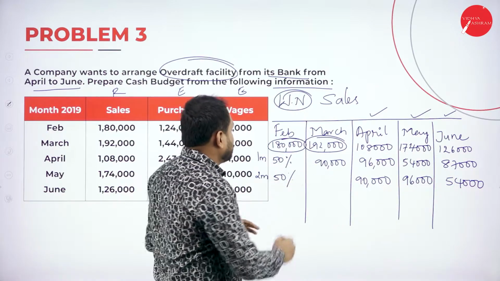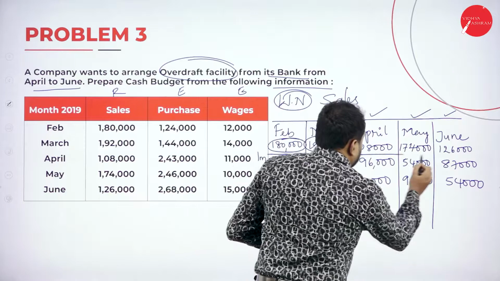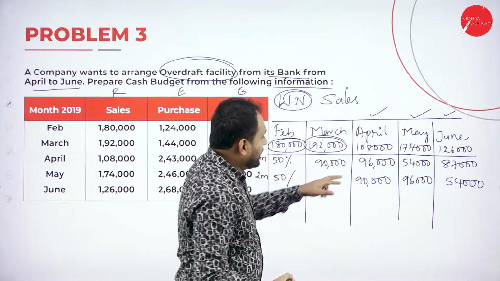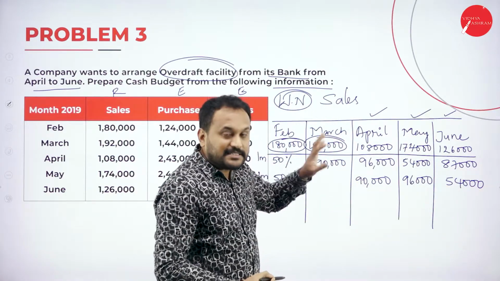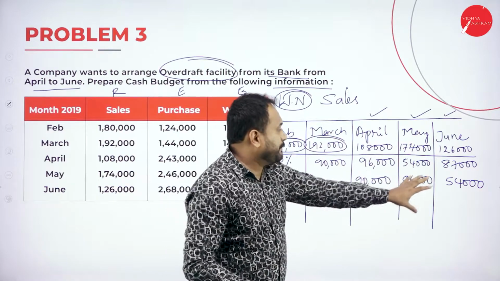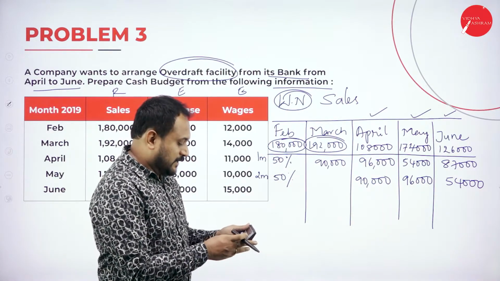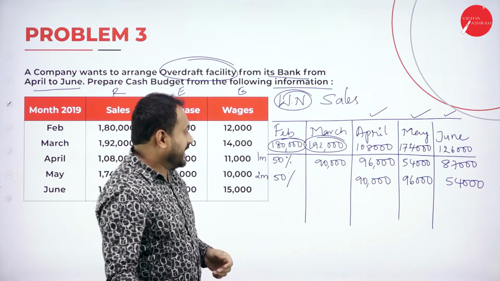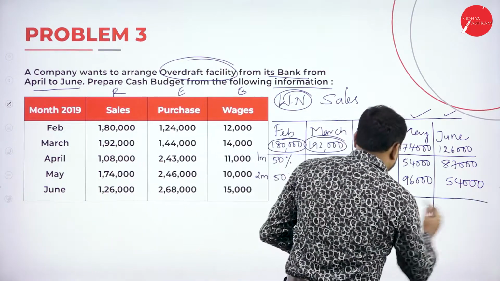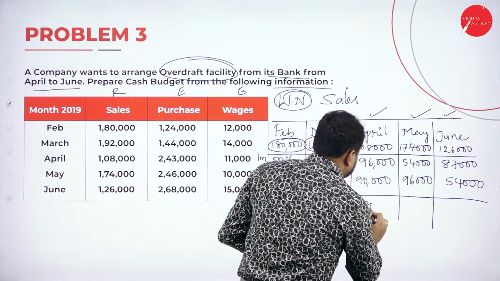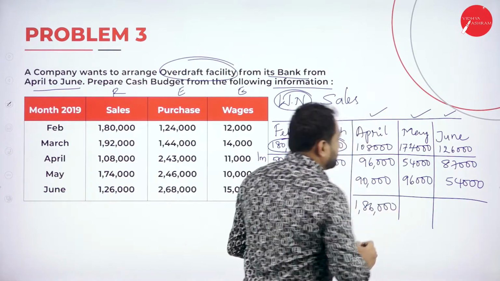Now what has happened is, till here, it's done. Now you need to calculate what would be your sales in the months of April, May and June. So here, 96 plus 90, that is 186. So here it is 1,86,000.